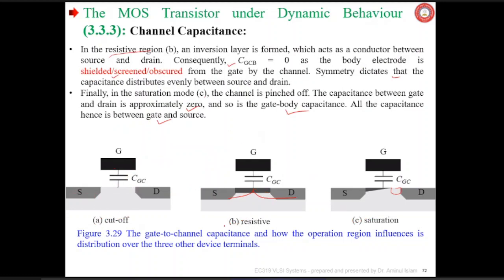In the resistive region, when VDS is less than VGS minus VT, an inversion layer is formed as shown here, which acts as a conductor between source and drain.